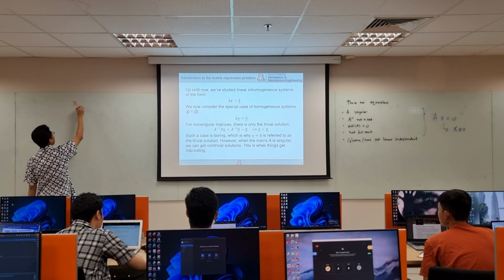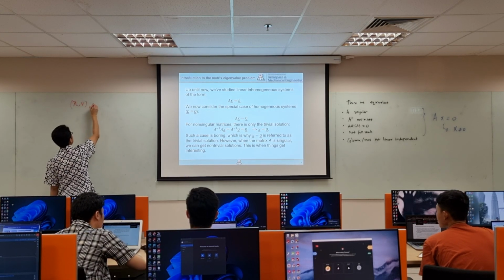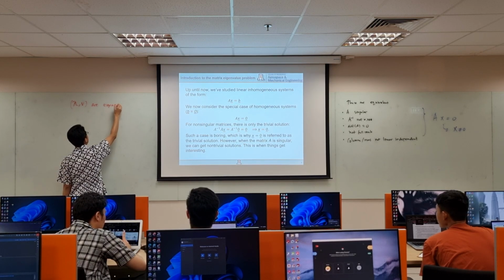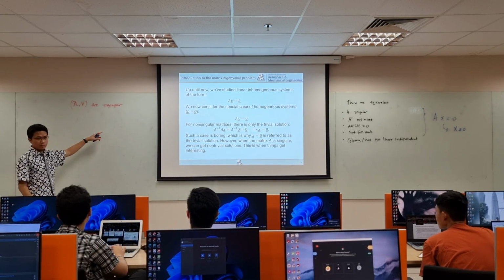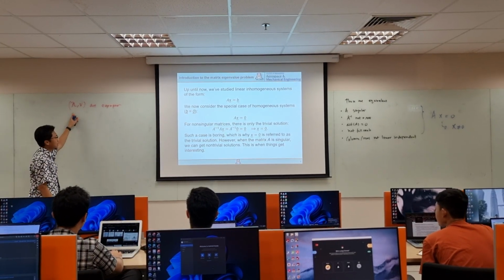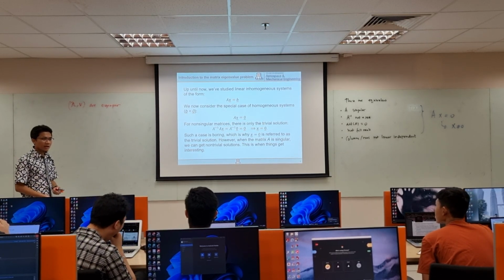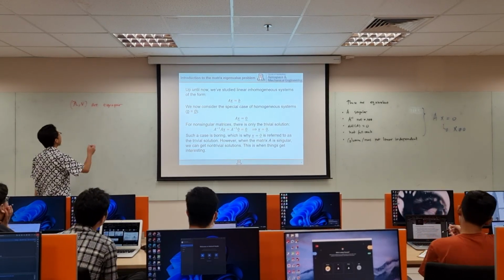Lambda and v, we call lambda and v the eigenpair. Lambda is the eigenvalue, and v is the eigenvector.